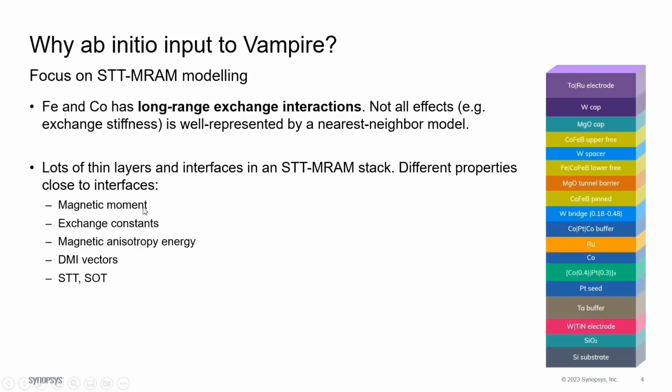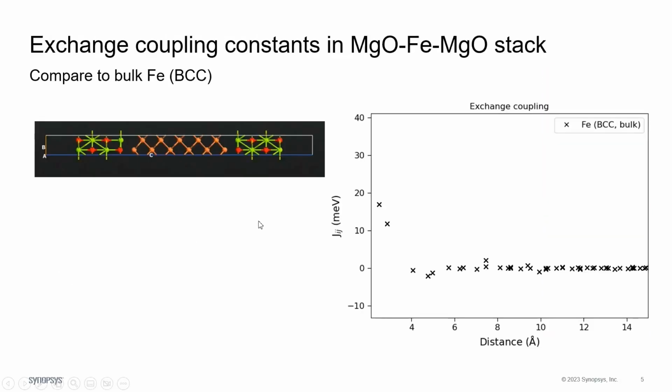This is true for the magnetic moment, exchange constants, magnetic anisotropy energy, DMI vectors, if they would be included, and also spin transfer and spin orbit torque occurs close to interfaces. So let me just give a brief example of one of these.